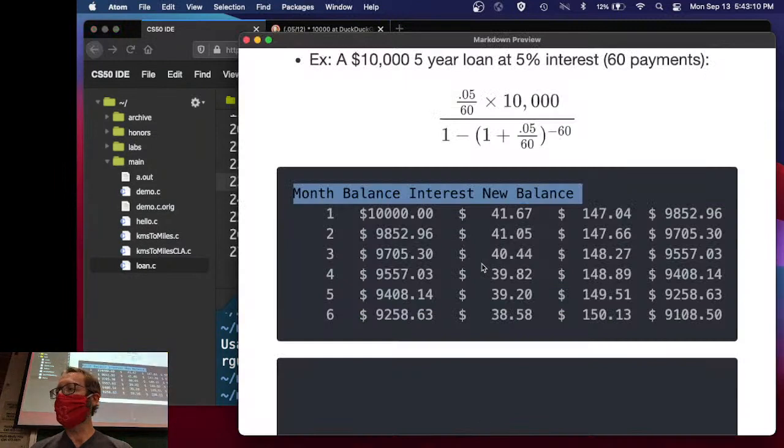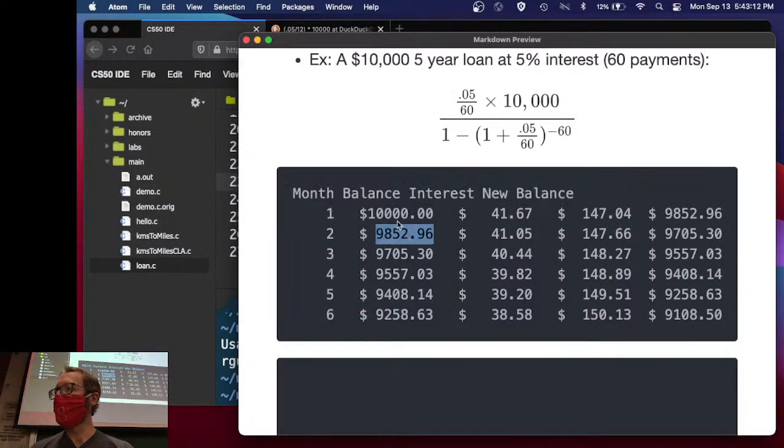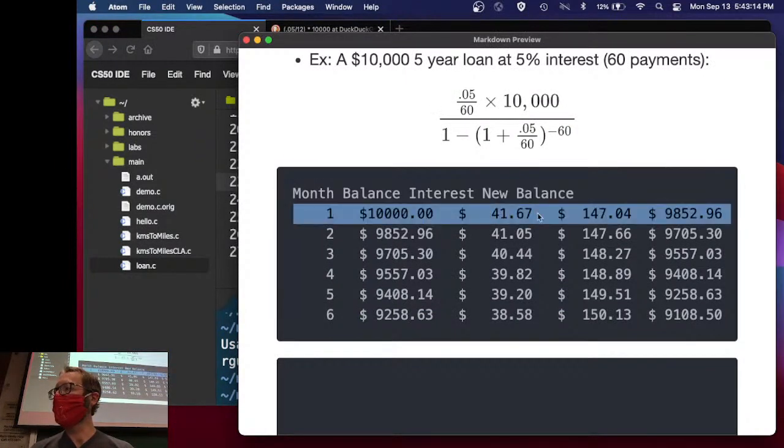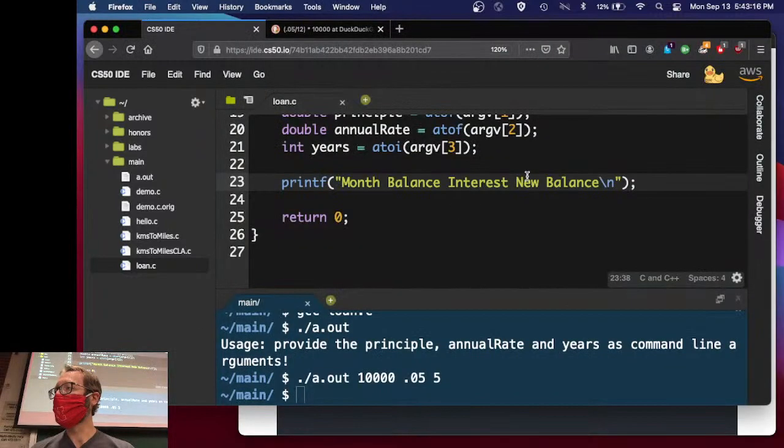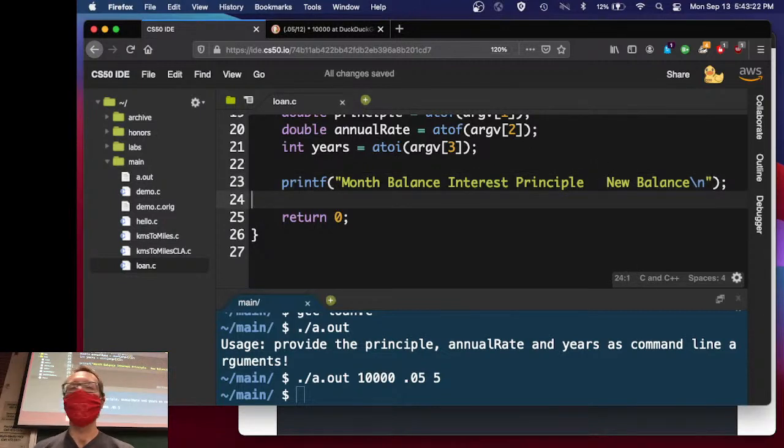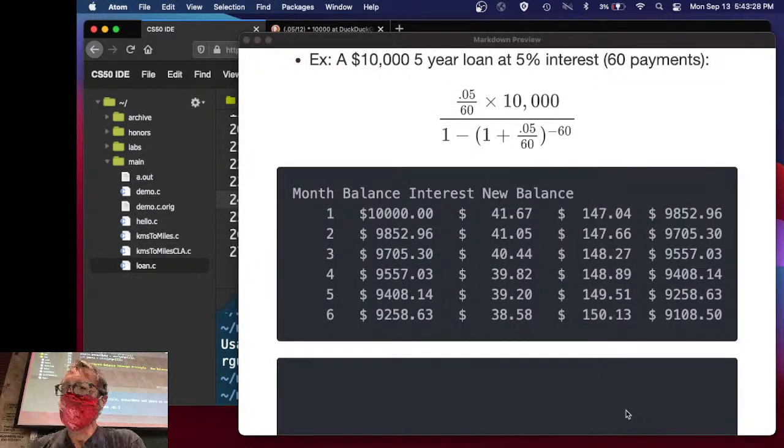Right? Did I get all of them? Nope. There's the balance, the interest, the principal. That's how much I'm paying towards the principal, and then a new balance at the end. Okay? So I'm obviously going to need to write a loop to do this, right? I'm going to need to write a loop to go for each one of these months.